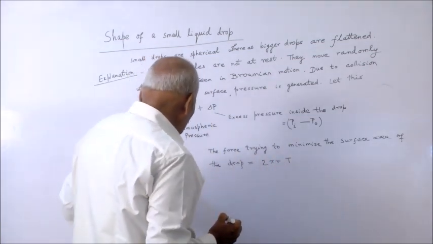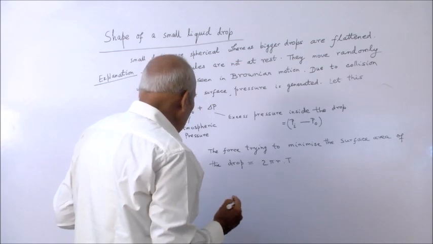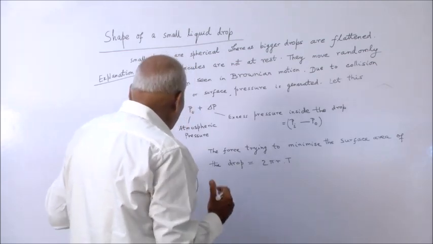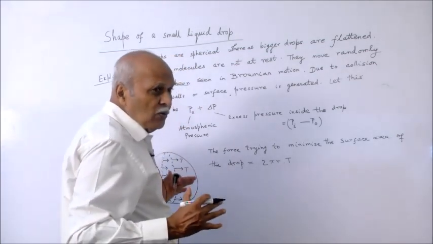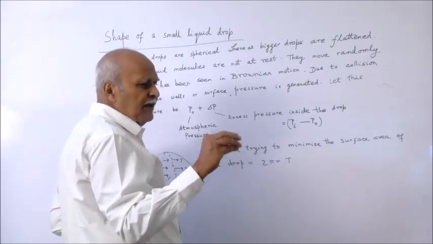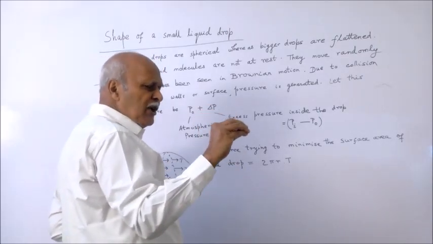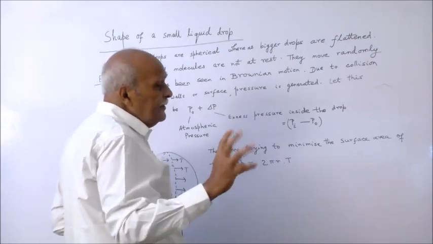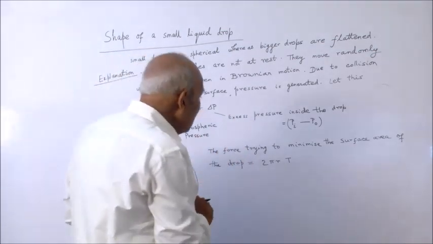That means these forces try to squeeze it to decrease the volume, and this is prevented, that is not allowed to take place, because if that is allowed to take place, the small drops will become still smaller, and the density of the liquid will change, but that is not taking place.